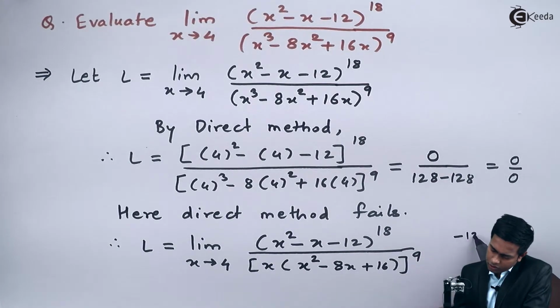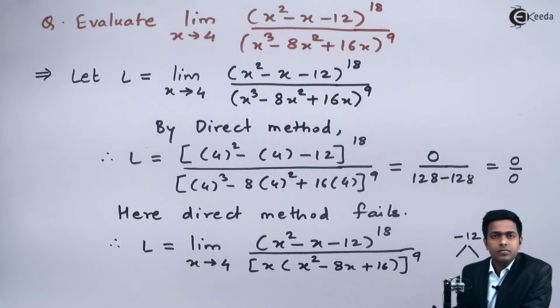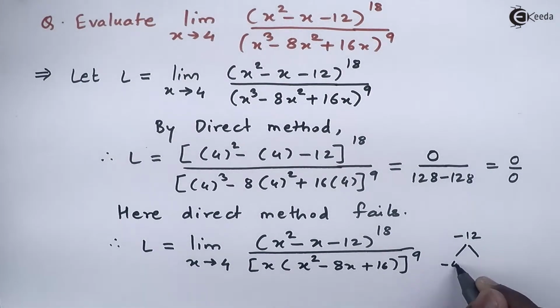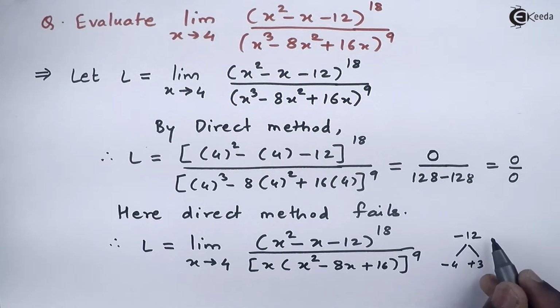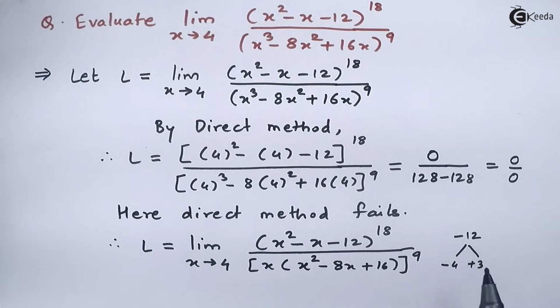The factors of minus 12 can be minus 4 and plus 3. Minus 4 times 3 is minus 12, and the addition of these two is minus 1. Similarly for 16 we can write the factors as minus 4 and minus 4, because minus 4 into minus 4 is 16, and the addition is minus 8.